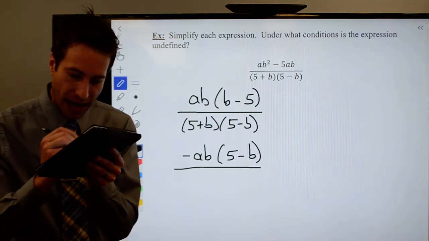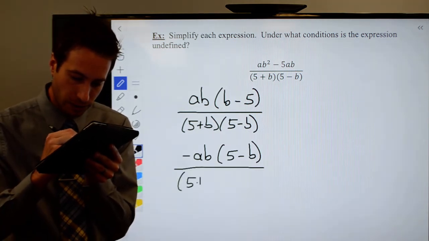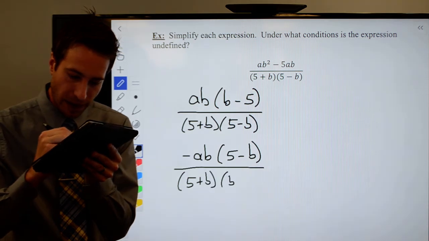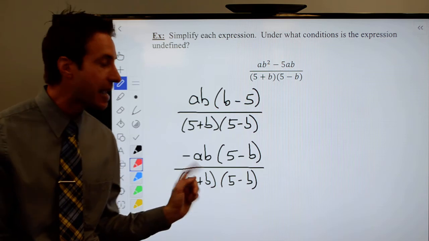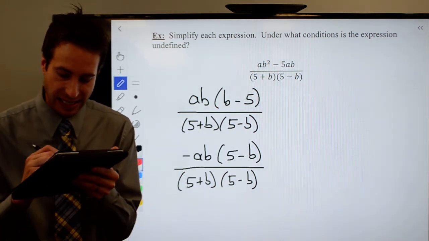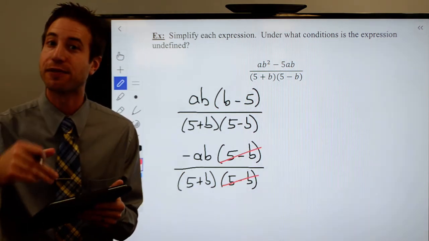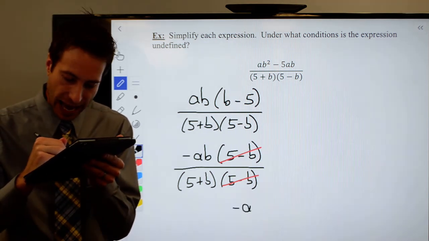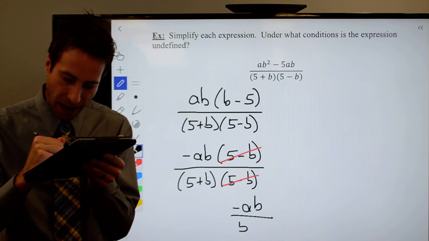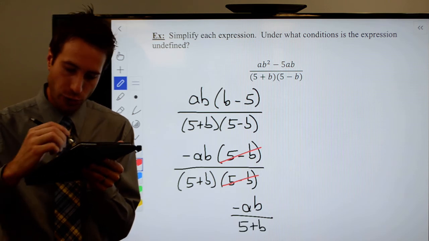And now that'll cancel with the 5 minus B in the bottom. So just watch out for those where you may need to pull out an additional minus sign in order to get a GCF top and bottom that will eliminate. That leaves you with negative AB over 5 plus B. Do your restrictions.